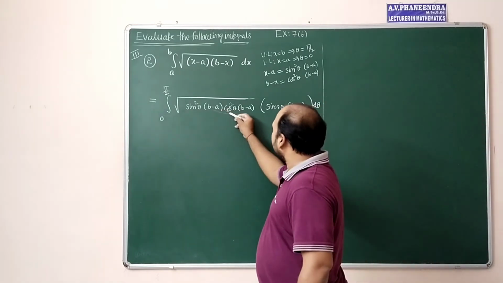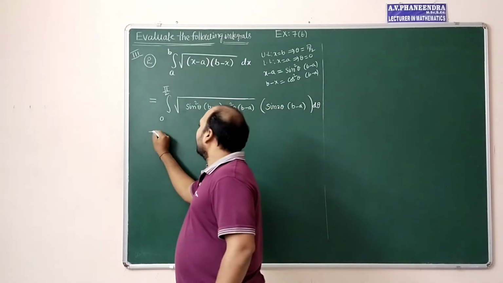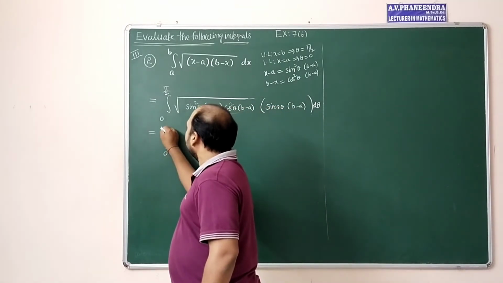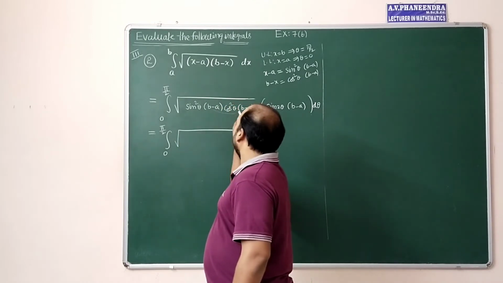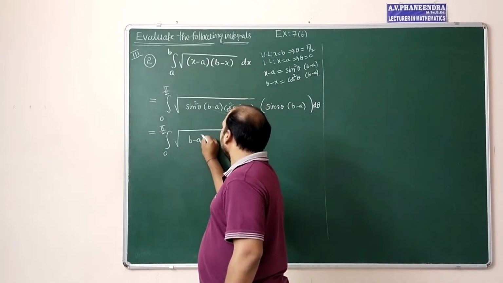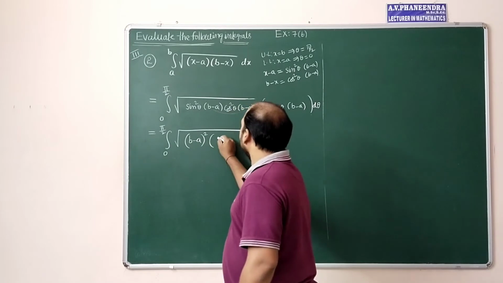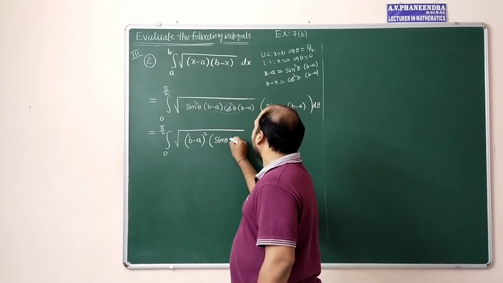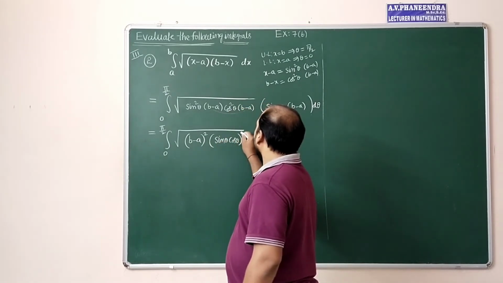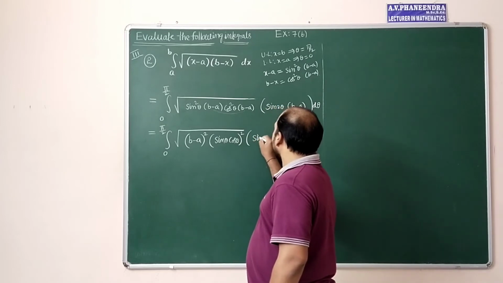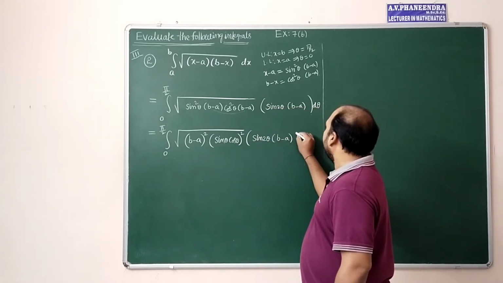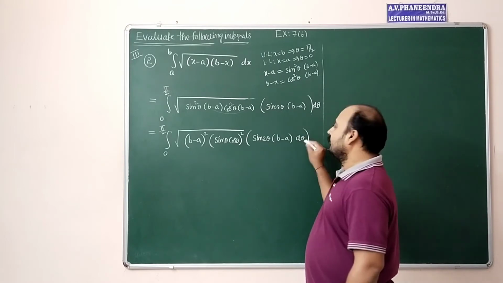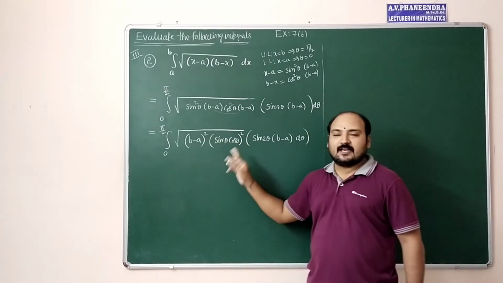So (b minus a) into (b minus a), integral 0 to π by 2, square root of (b minus a) whole square into (sin θ cos θ) whole square into sin 2θ (b minus a) dθ. Here root and square cancel.